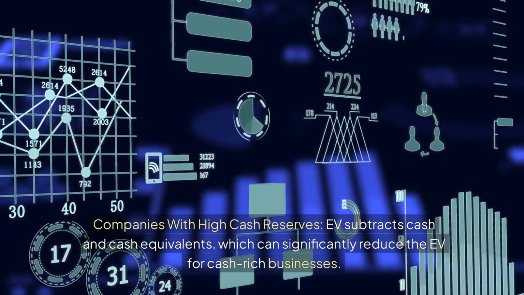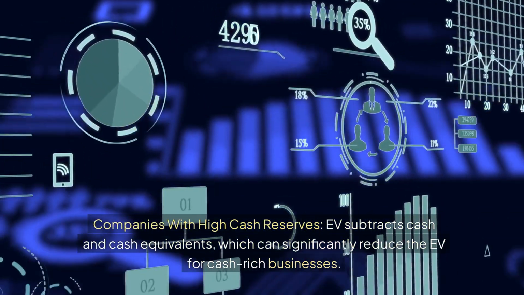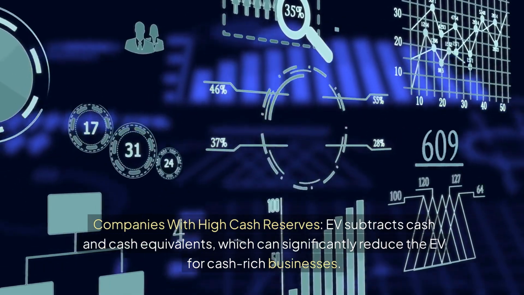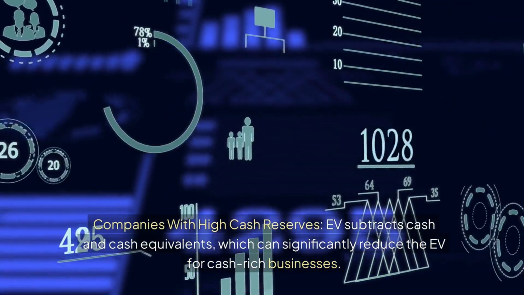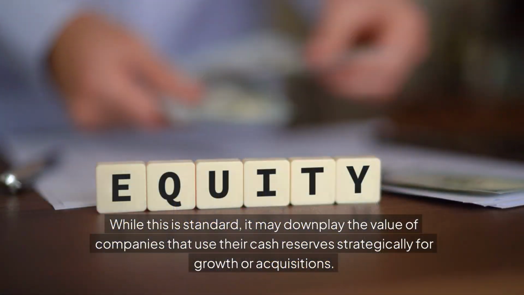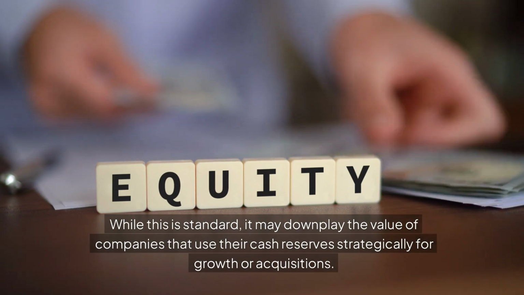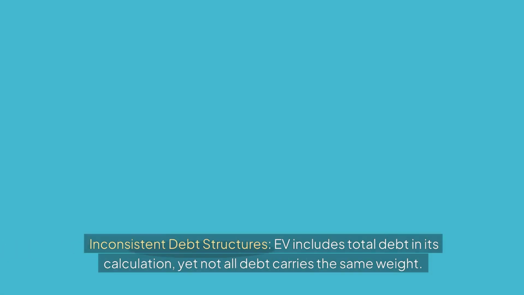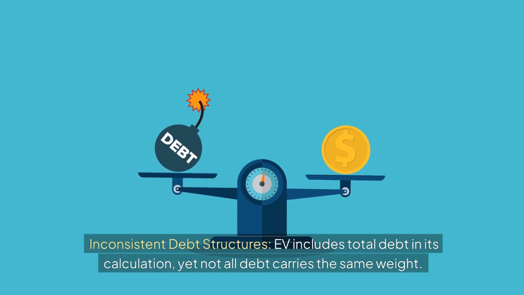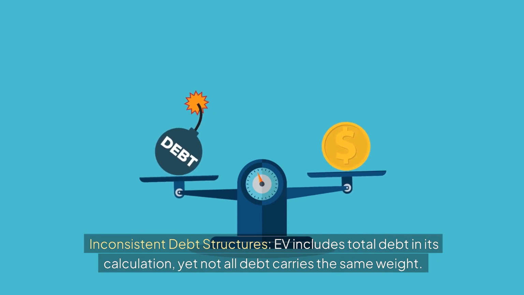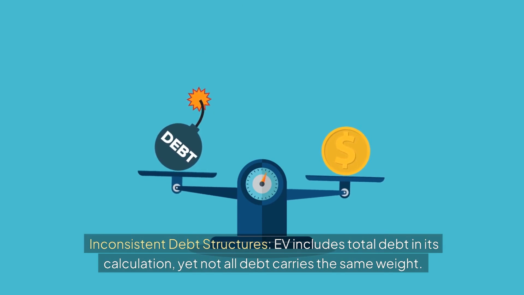Companies with high cash reserves. EV subtracts cash and cash equivalents, which can significantly reduce the EV for cash-rich businesses. While this is standard, it may downplay the value of companies that use their cash reserves strategically for growth or acquisitions. Inconsistent debt structures. EV includes total debt in its calculation, yet not all debt carries the same weight.